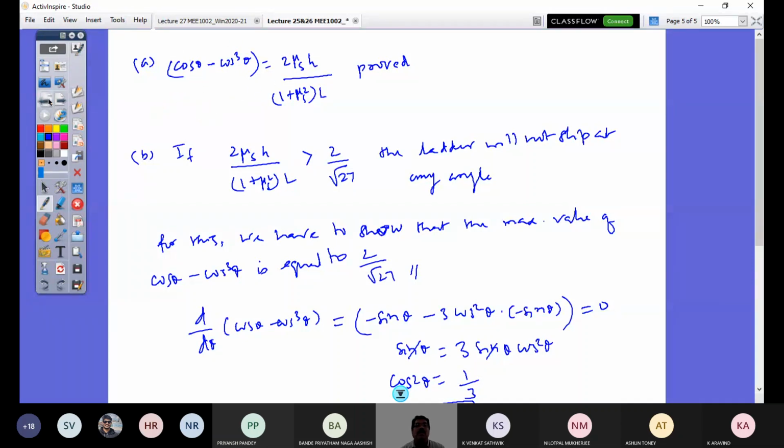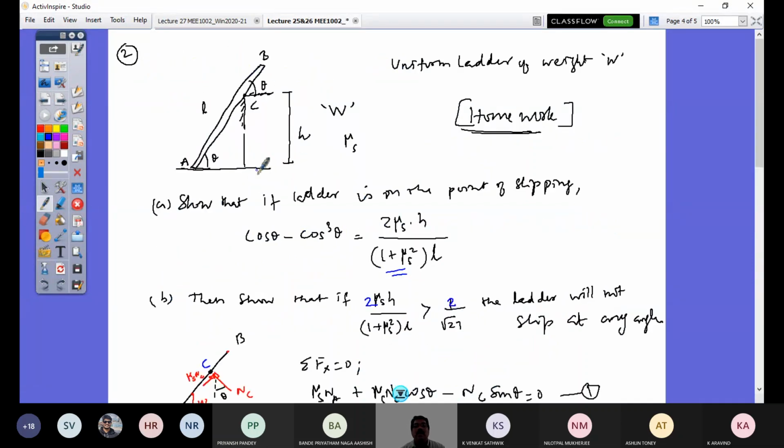What was the first condition of the problem? You have to show that if the ladder is on the point of slipping, then this is the expression of this angle. So you get your mu, and see the right hand side: it is surface characteristic, height geometry, L is the geometry of the system.